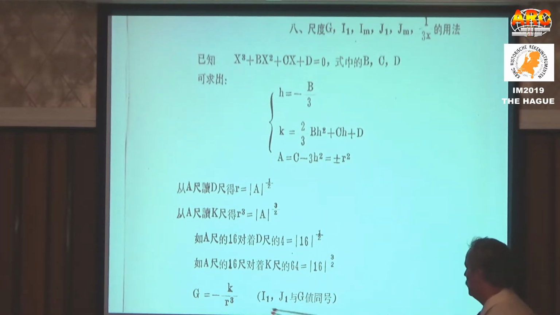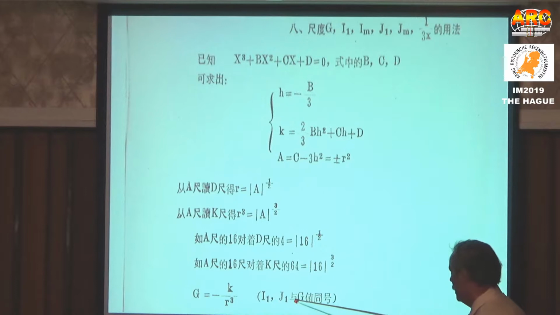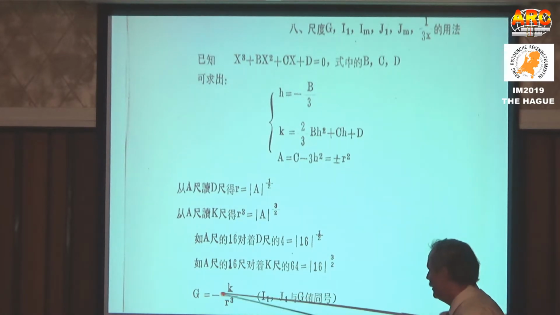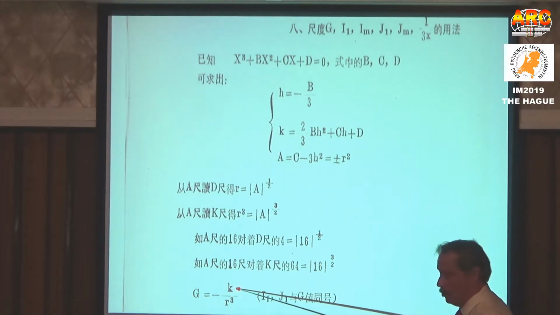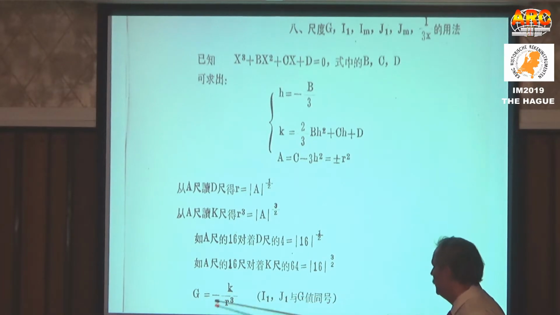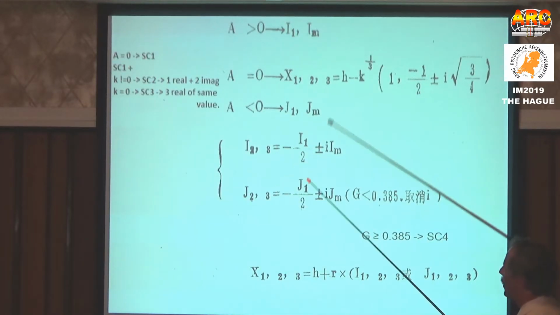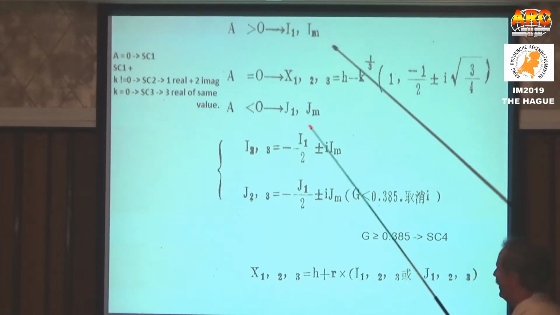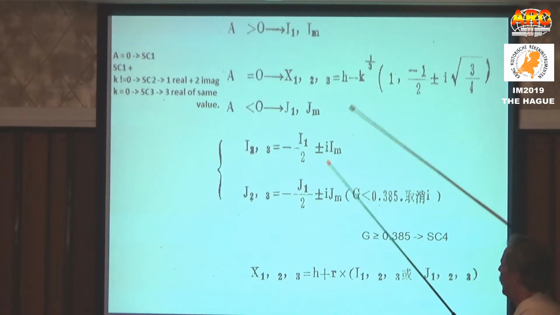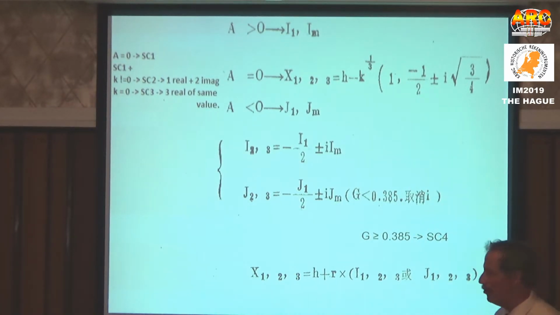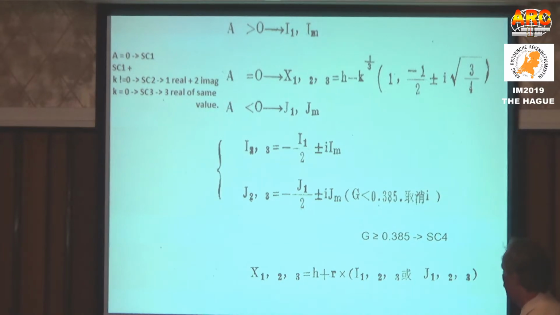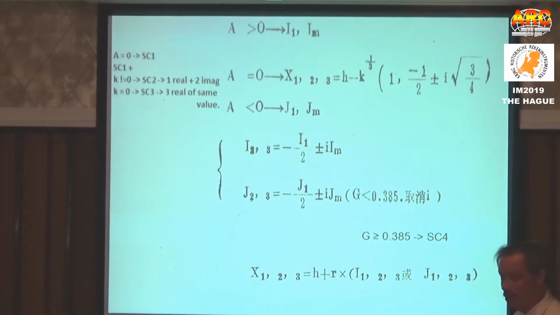Then you switch to using the I scales and the J scales to get G. So you have an intermediate value G, and then depending on the value of A, which you calculated earlier, you then have to follow 3 different routes through the instructions. I'm not going to go into this in huge detail because it's in the proceedings or on the USB stick.